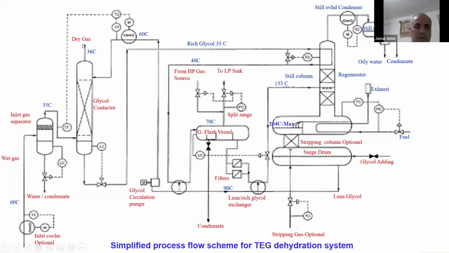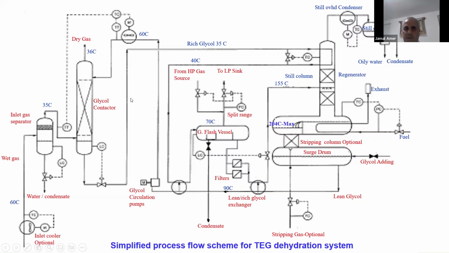So the dry gas should flow through a heat exchanger between the lean glycol and the dry gas. We have to maintain the glycol at around 6 to 7, or 5 to 8 Celsius higher than the gas coming to the contactor.